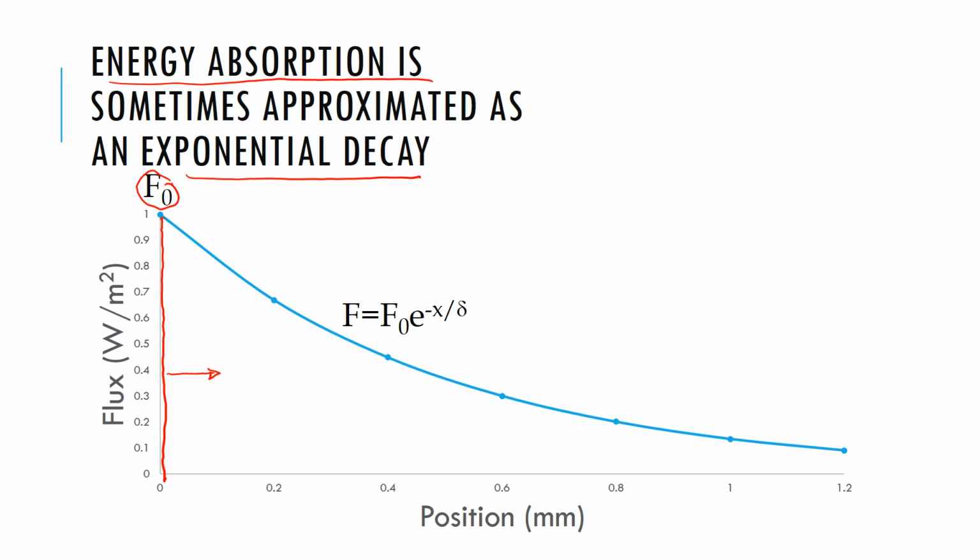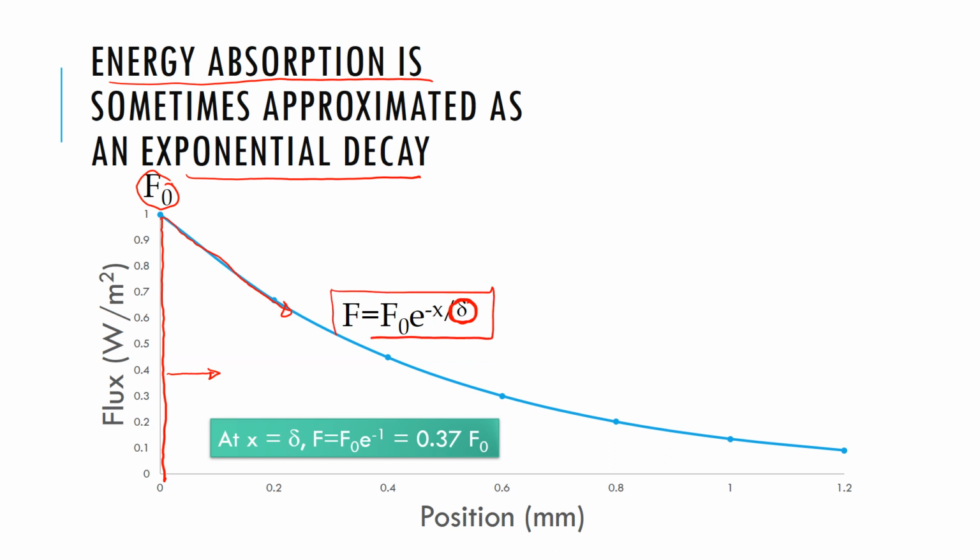So this is the exponential decay of the energy. Now, how to characterize this exponential decay? It is characterized by a penetration depth, delta. The equation for this decay is F equals F0 e raised to minus x over delta, where delta is the penetration depth.